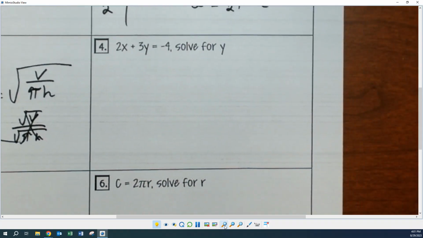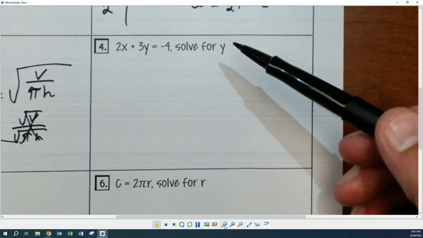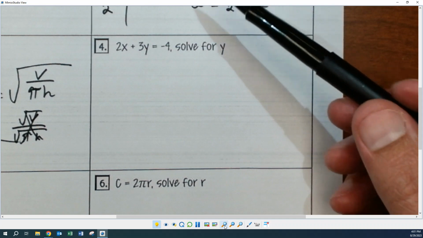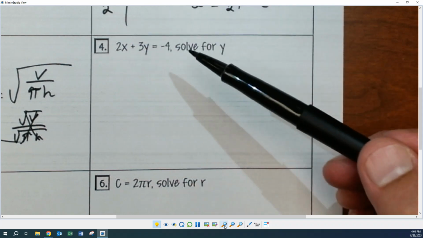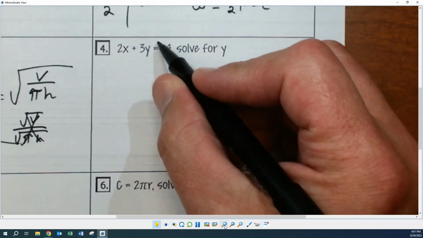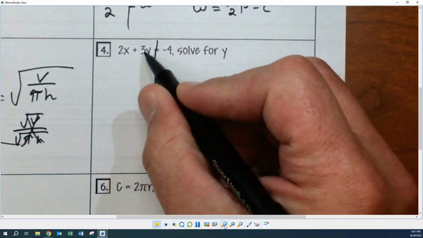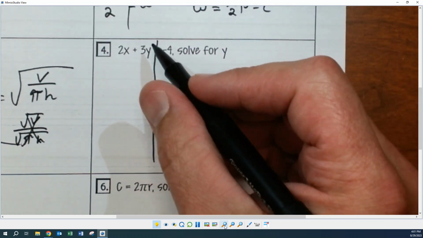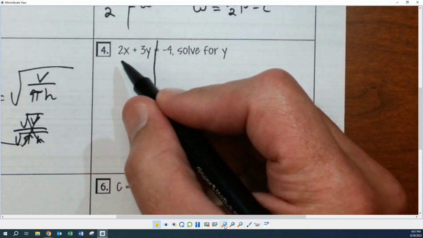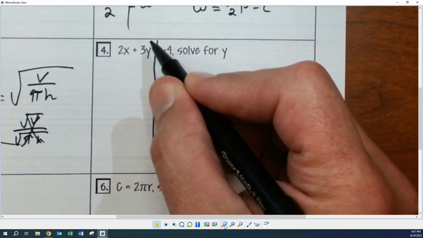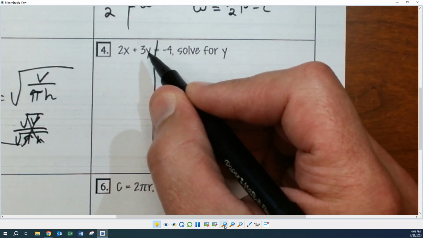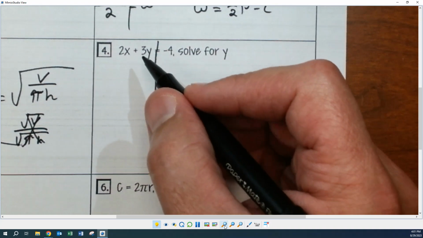In problem number 4, we're going to solve for y. And so in problem number 4, when we look at this, we want to get y all by itself. It is right now a 2-step problem. It is adding this and being multiplied by this. So I'm going to solve it just like I would solve a 2-step problem.